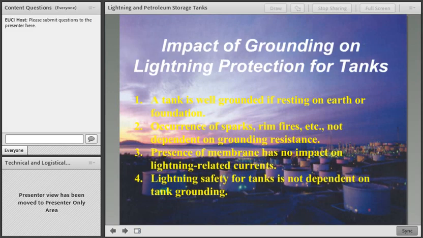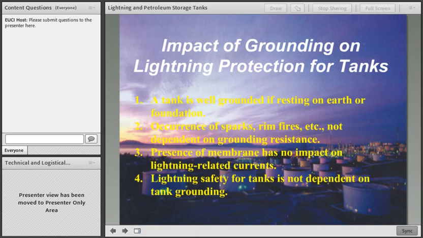Here are some other facts that evolved out of API 545 regarding grounding and lightning protection for tanks. So number one, a tank is well grounded if resting on the earth or foundation.